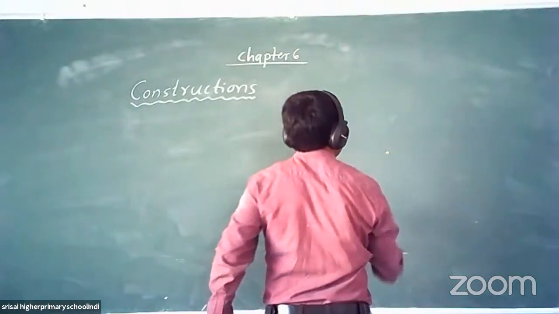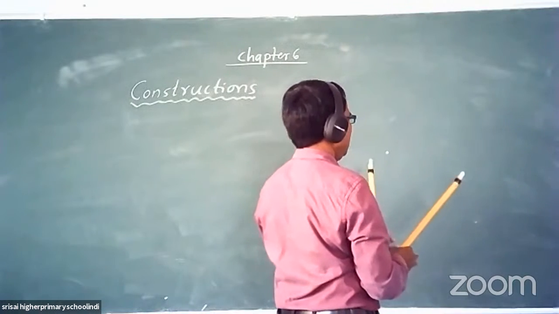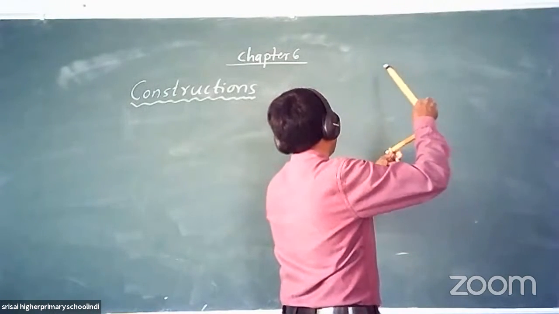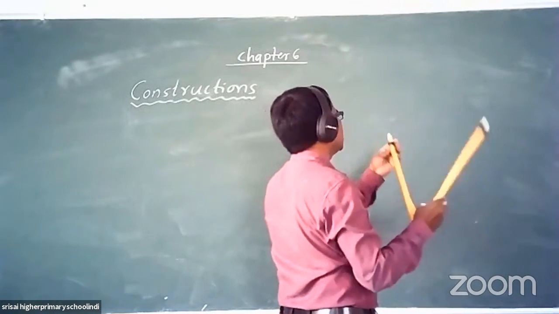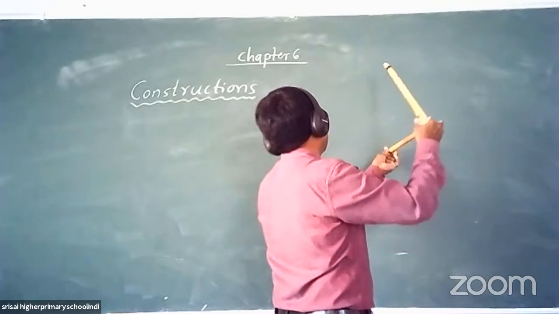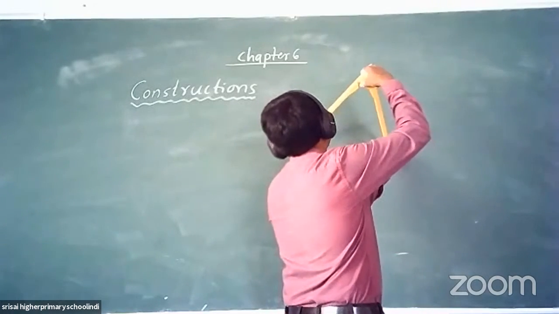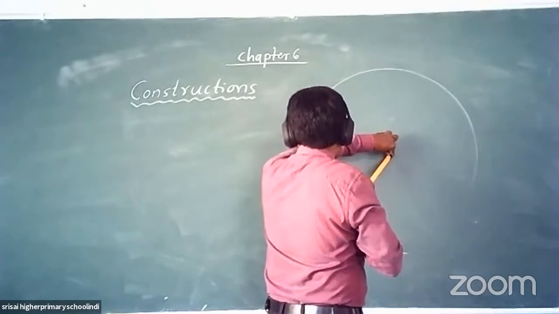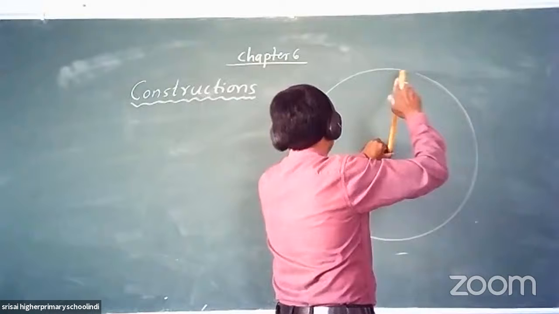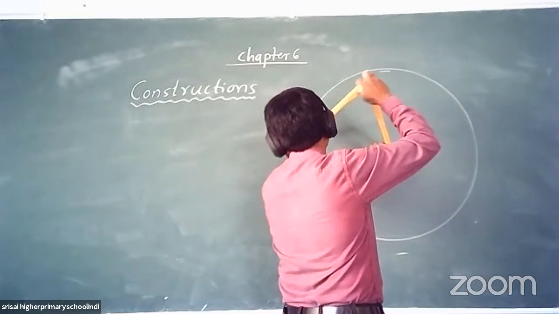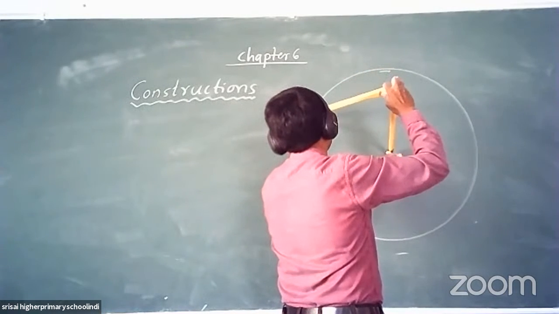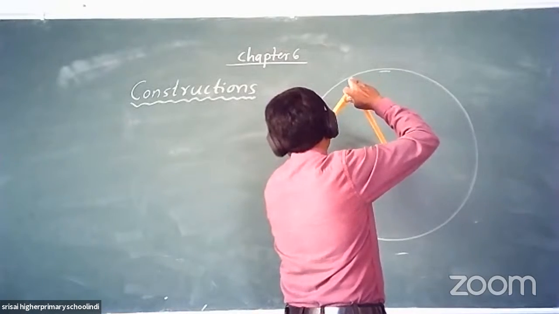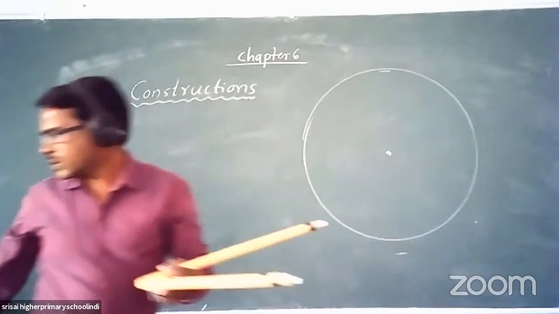Take the center of the circle, and draw one circle. This is drawn.